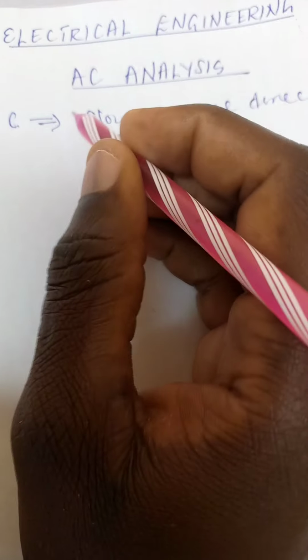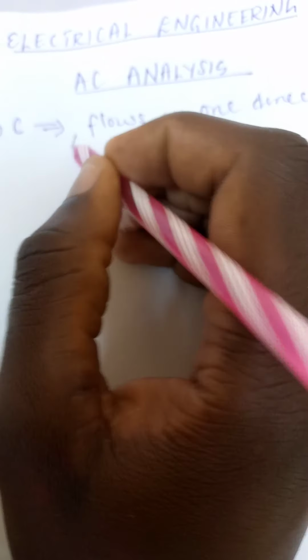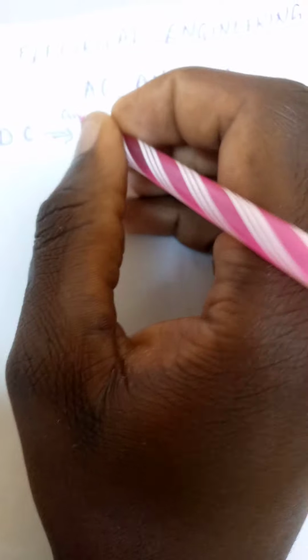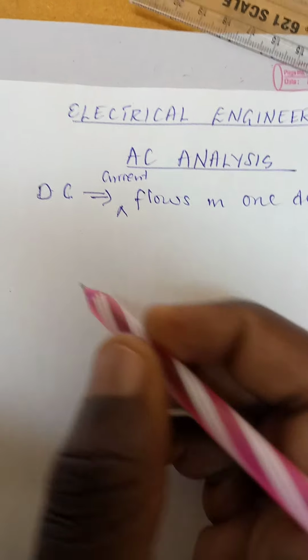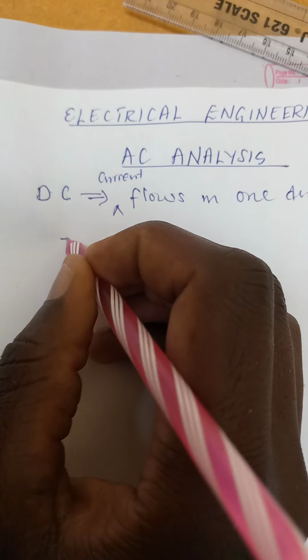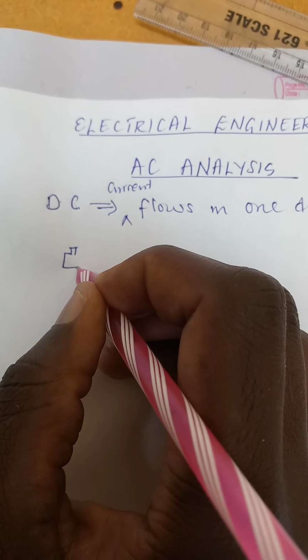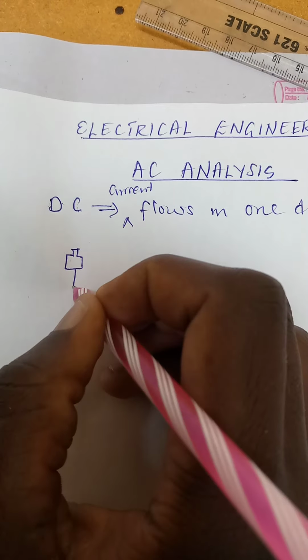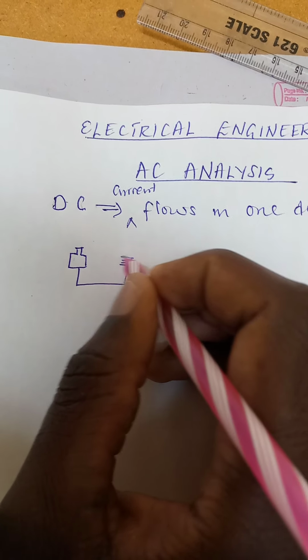Current will flow in one direction. Let's take for instance, this is my battery. I connect it to a resistance.